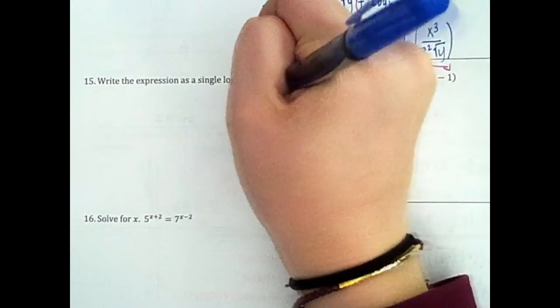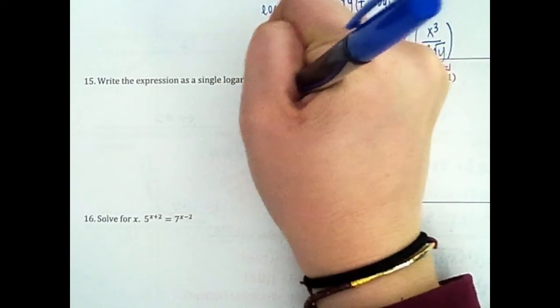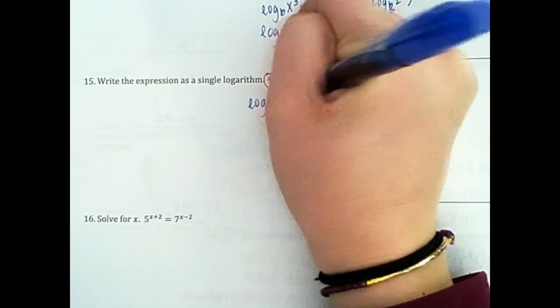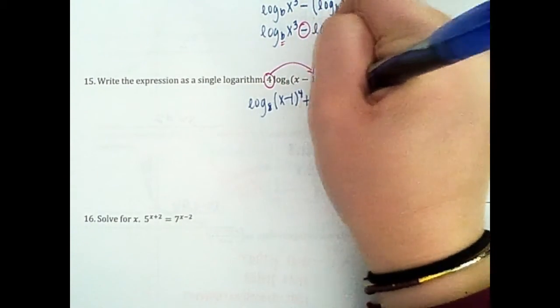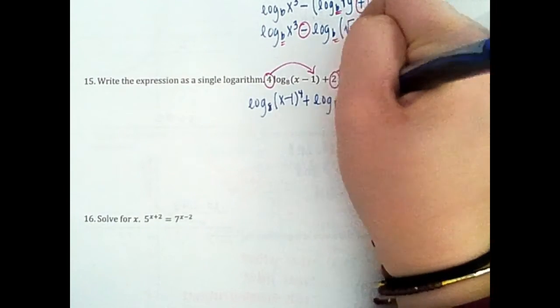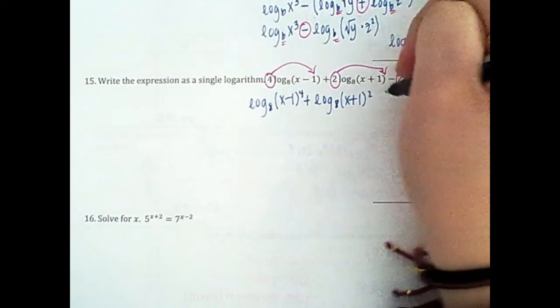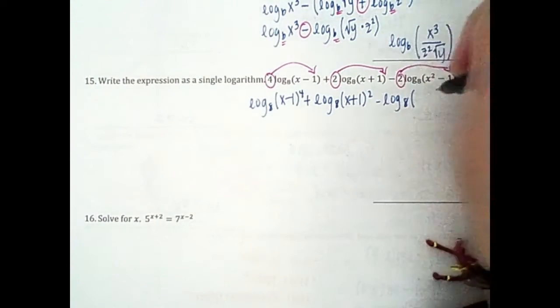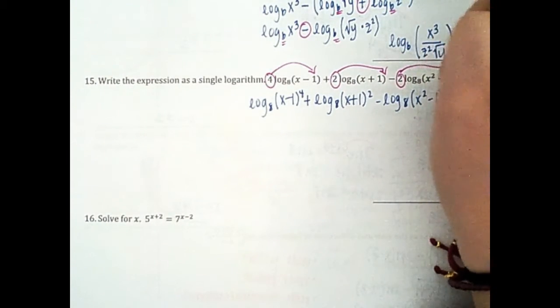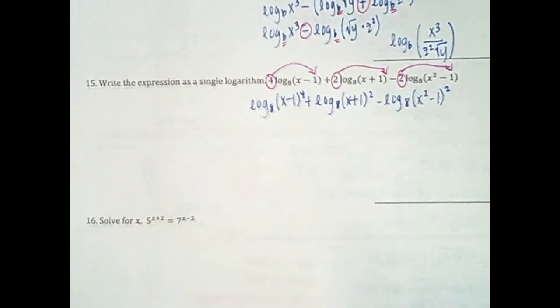So it would be log base 8 of x minus 1 to the 4th plus log base 8 of x plus 1 squared minus log base 8 of x squared minus 1 squared.